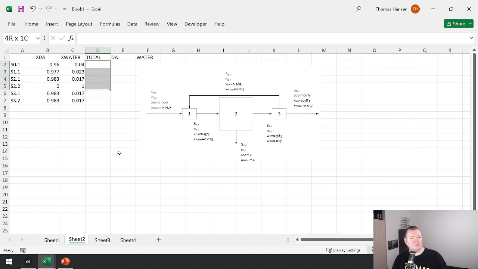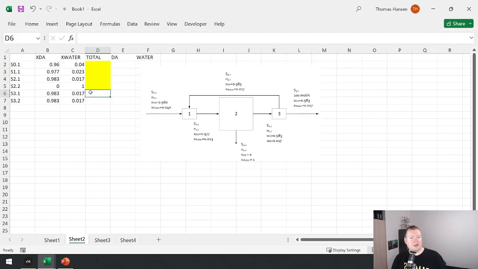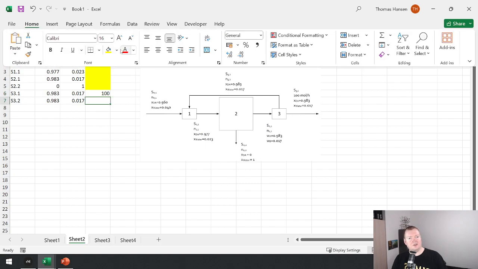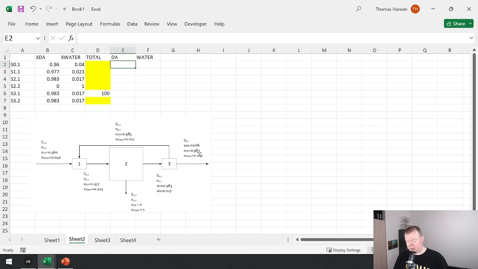Total number of moles for all of these, no idea. I know I have 100 there, and I know I don't know what will be there. And finally, calculating the different component amounts. Fill right and down.